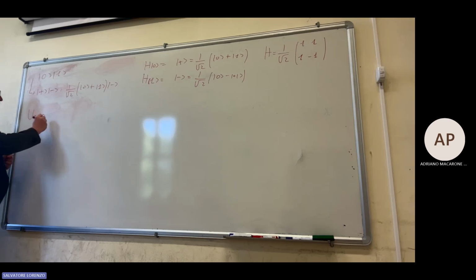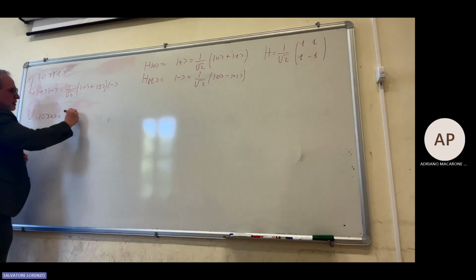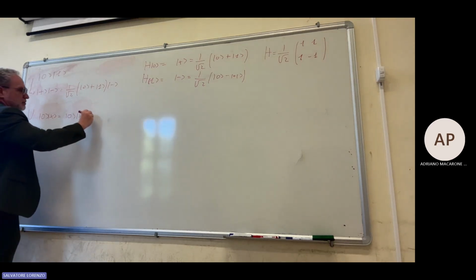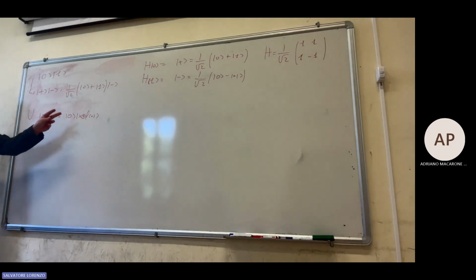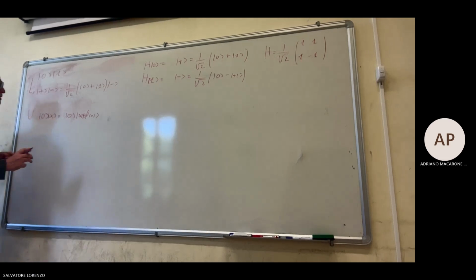If we have the state 0, x, no matter what x is, and we apply the function, we obtain 0, and then x plus f of 0. This plus with the circle means that we are making the sum modulo 2. So 0 plus 0 is 0, 1 plus 1 is 0, 0 plus 1 is 1.